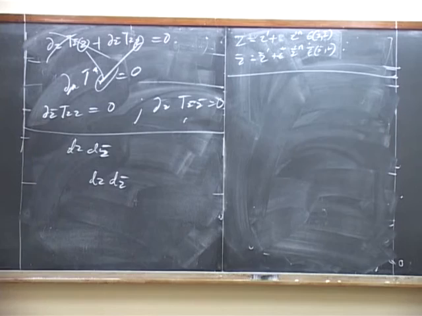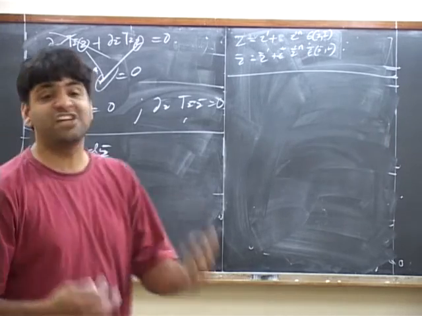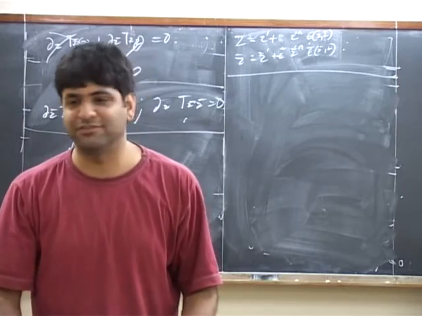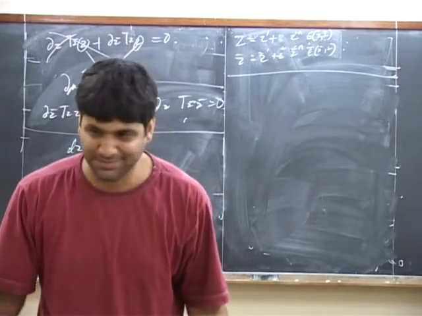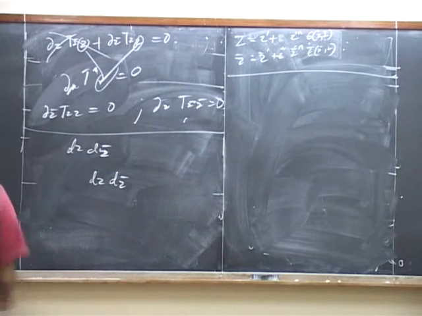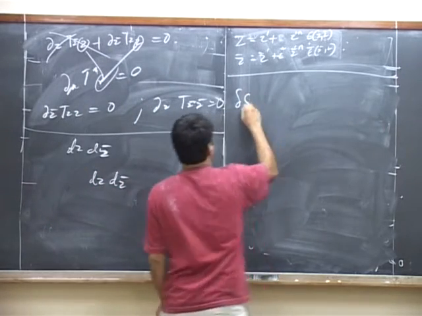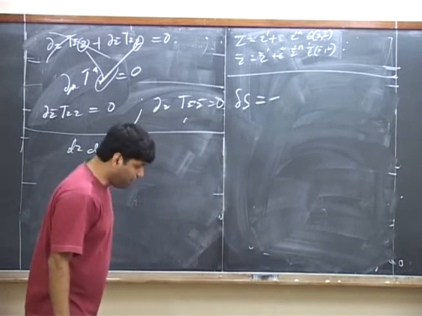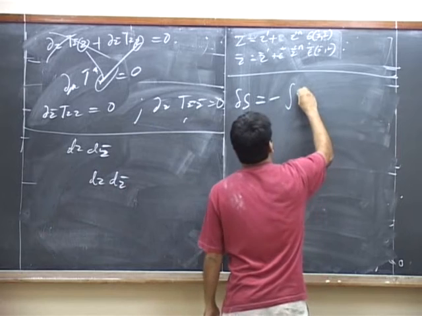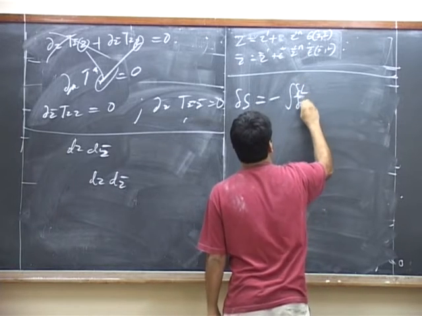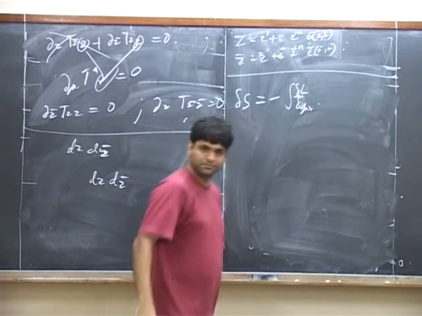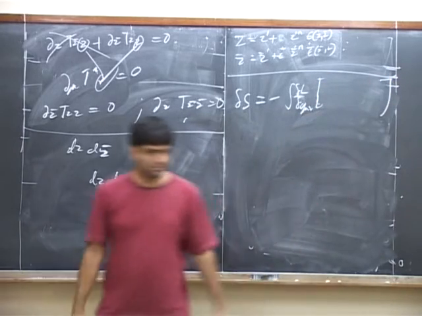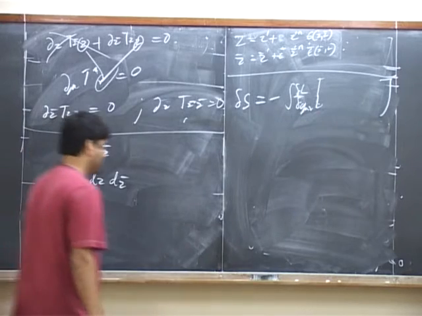Now we've got this coordinate change, and we want to see how the action has changed. But the action has changed minus the amount it would have changed by making the metric variation. So the change in the action is equal to minus del L by delta g mu nu times the change in the metric, and we use our earlier formula.